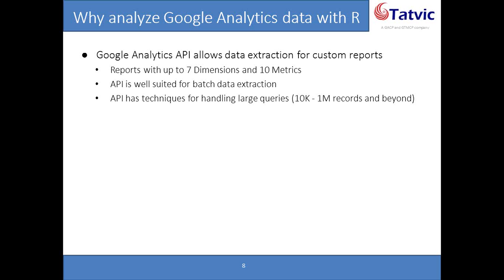So when you extract the data via R Google Analytics, which uses the Google Analytics API, you get up to 7 dimensions and 10 metrics. So in one request, you get a lot more data to analyze.